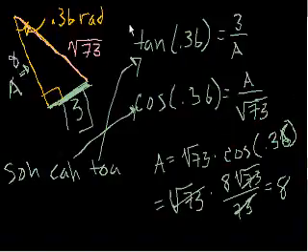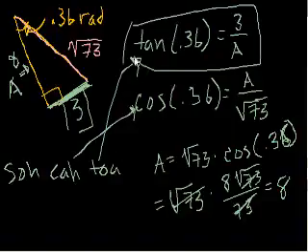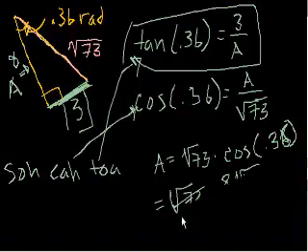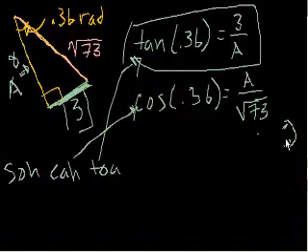And so if we'd solved for A here using the tangent function, we should have also gotten that the adjacent side is equal to 8. And just to show you that everything works out from other concepts, let me show you this using the Pythagorean theorem.